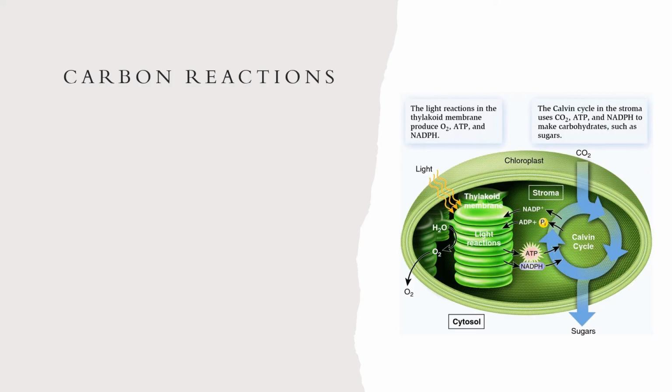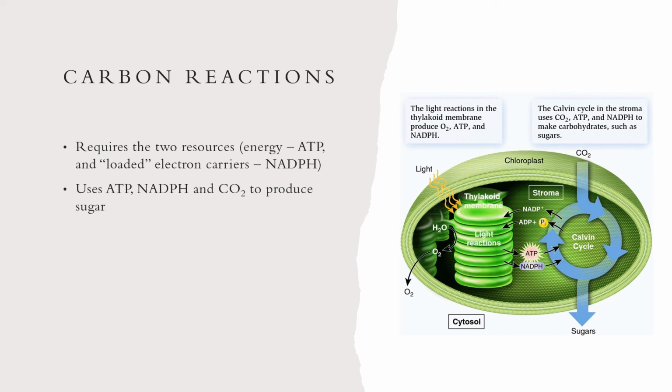These two resources, which are energy and loaded electron carriers, set the stage for the second part of photosynthesis, which is the carbon reactions. In the carbon reactions, the chloroplast uses ATP, the high energy electrons in NADPH, and carbon dioxide to produce sugar molecules.